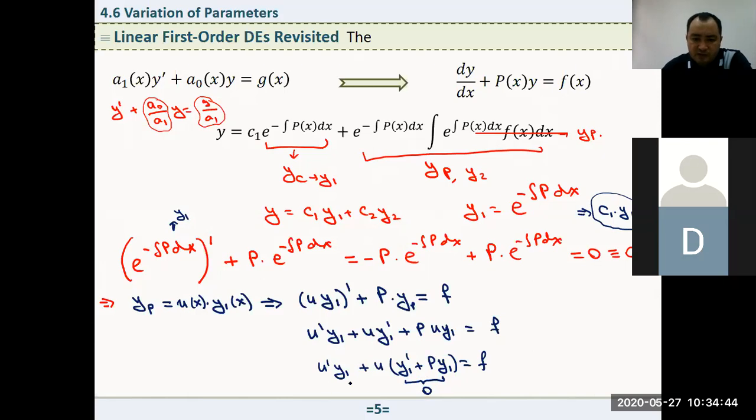Now what is left here? Here we have u prime y1 is equal to f. Now from here I can find this u prime is equal to f over y1, right? Now we know how to find u then. What is u? u is equal to the integral of f over y1 dx, right?